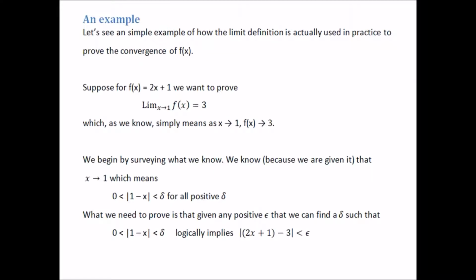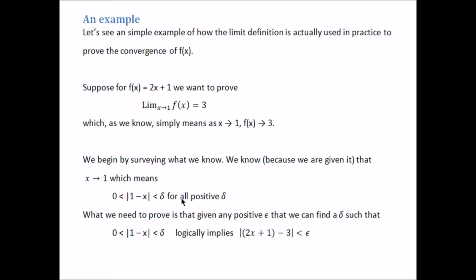Now, it's worthwhile just to look at a simple example of how we actually use the limit definition in practice. Okay, this is a very simple example. Suppose here's our function, which we've seen before, and we want to prove this, and we know it means this. Now, what do we know? We know, because we're given it, that x converges to 1, which means this.